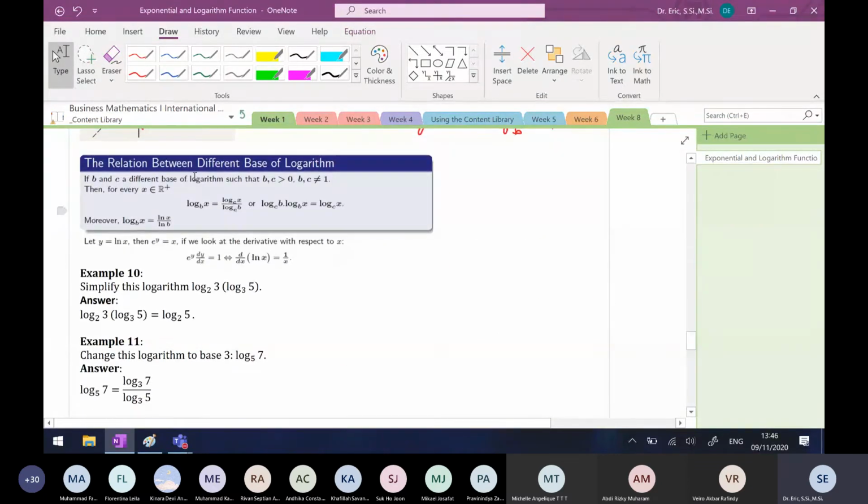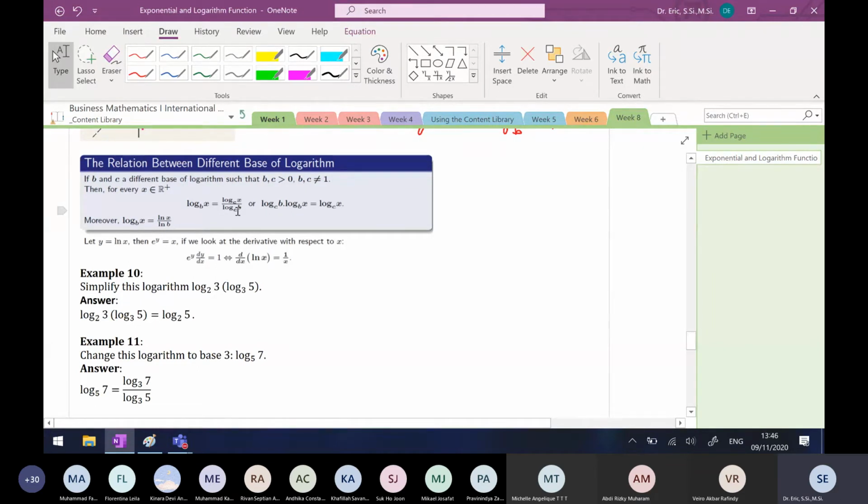This is the relation between different bases of logarithm. If you have logarithm of x with base b and want to change it to base c, you have log x with base c divided by log b with base c.